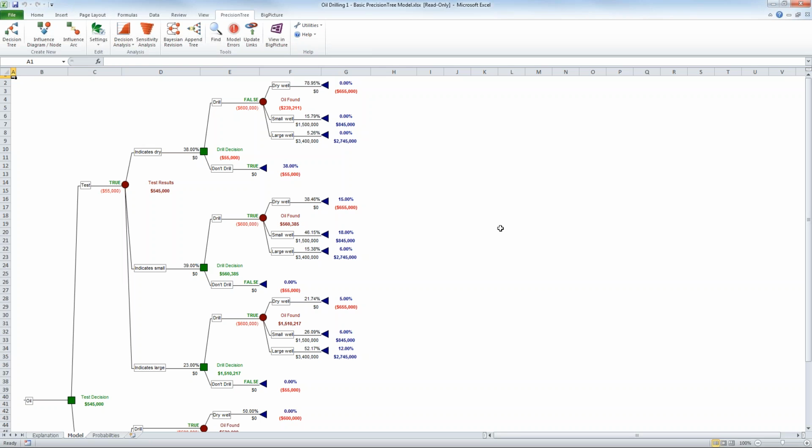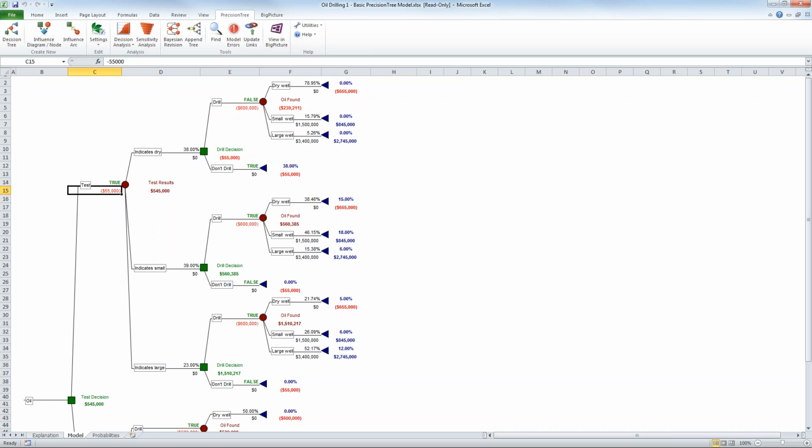So essentially, in this situation, the company has the option of running a geological test right away at the cost of $55,000, and that's where you can see that here. So you see the cost is $55,000. This test will provide some indication of the amount of oil present.